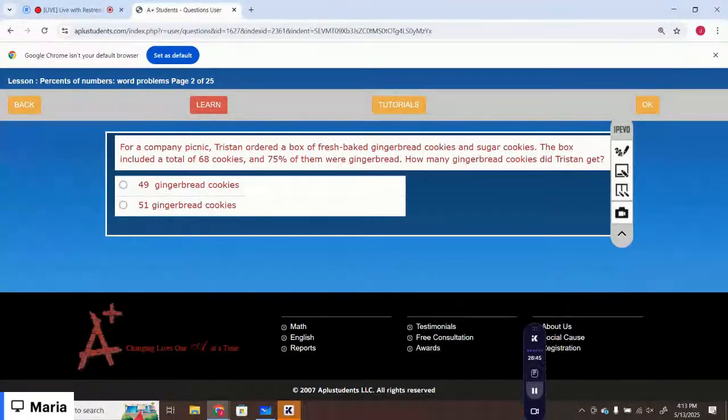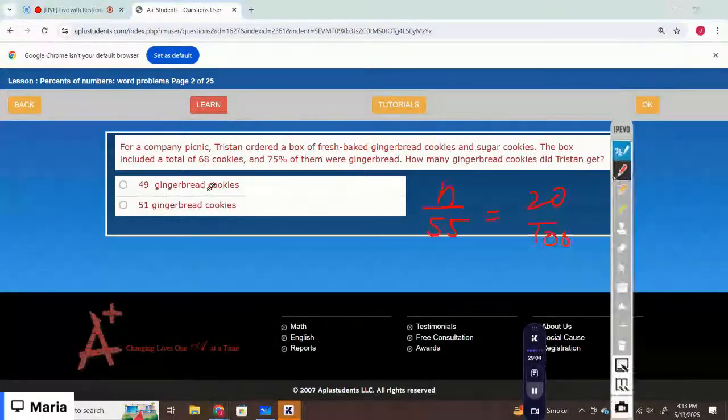For a company picnic, Tristan ordered a box of fresh baked gingerbread cookies and sugar cookies. The box included a total of 68 cookies, and 75% of them were gingerbread. How many gingerbread cookies did Tristan get? So you need to calculate 75% of 68.